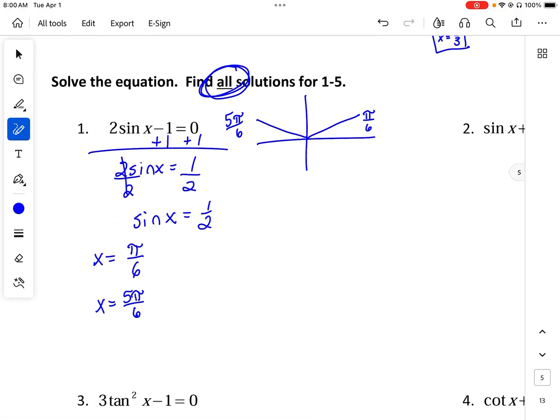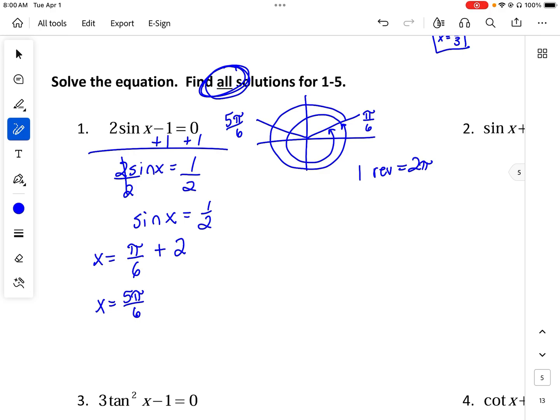But there's some wording in here that we have to pay attention to. It says find all solutions. So that's if you keep on going around the circle, multiple revolutions. So remember that one revolution equals 2 pi. So we want to go around it infinity times.